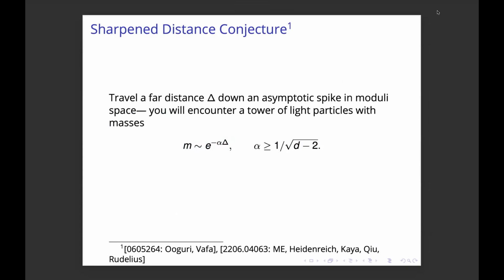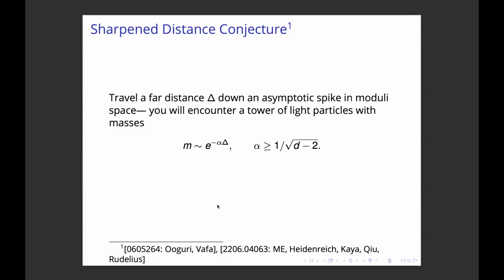This sharpened distance conjecture bound, which appeared in this paper last summer, is motivated by three things. One, it is satisfied and often saturated in every string theory example that we checked. Also, it is a special bound that is selected by dimensional reduction. Lastly, it fits very nicely with the emergent string conjecture.